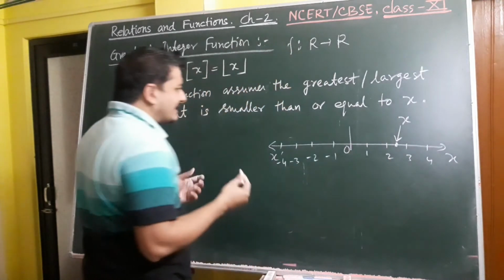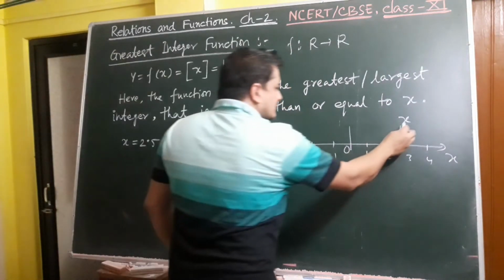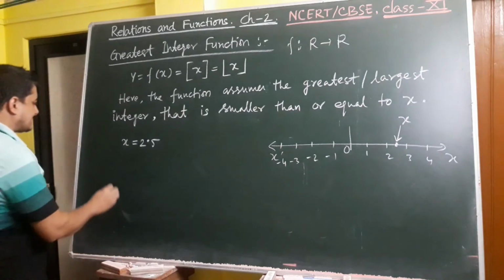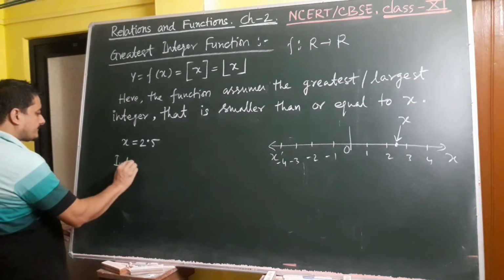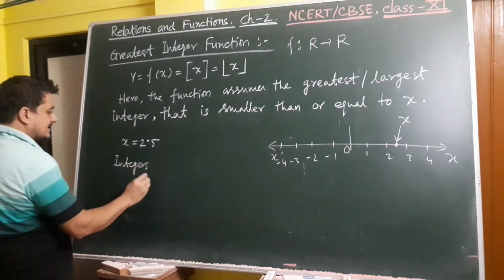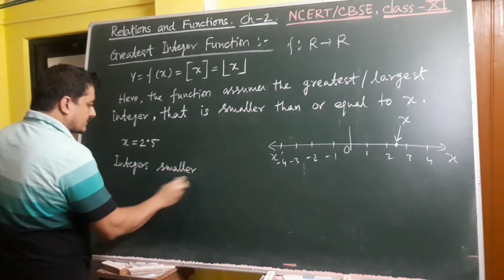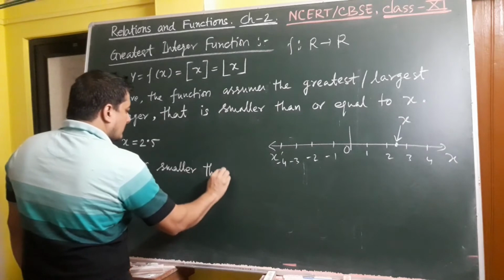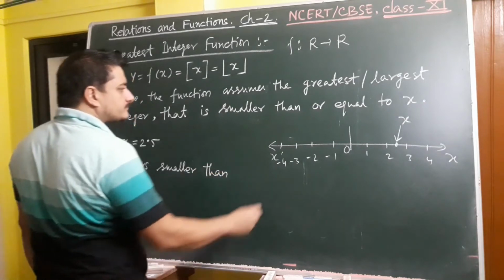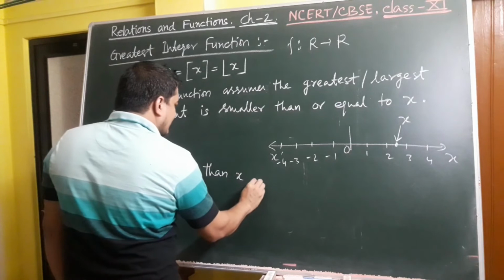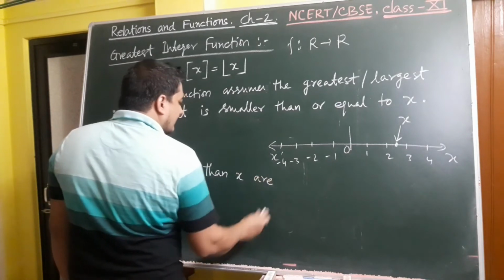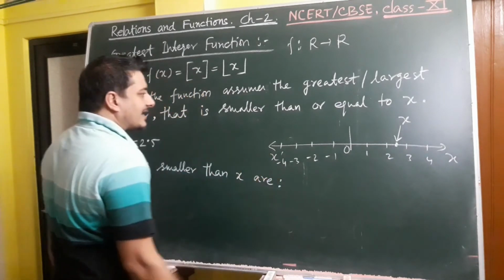So what are the integers which are smaller than or equal to x?